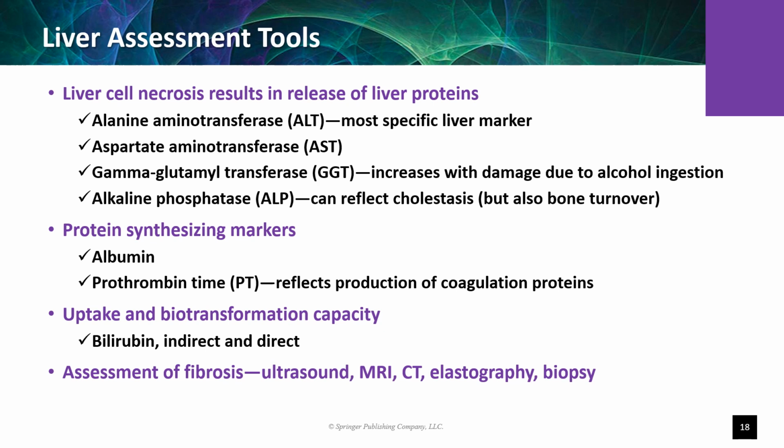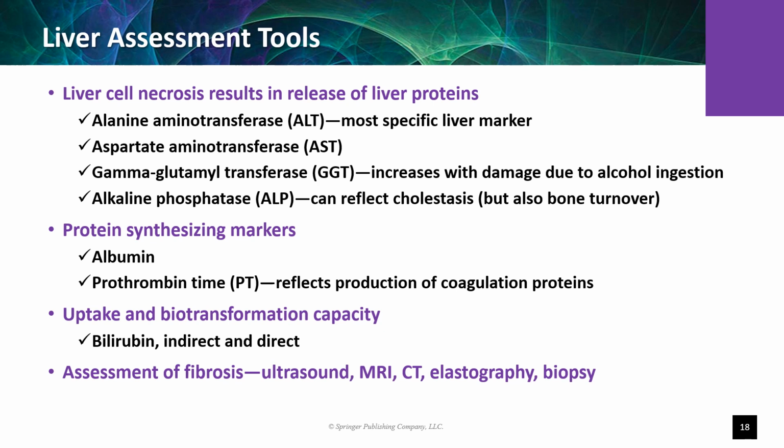ALT is the most specific marker for liver damage because it is found mainly in hepatocytes. GGT is sensitive to hepatocellular damage caused by alcohol ingestion. ALP is a marker for cholestasis and bone turnover.